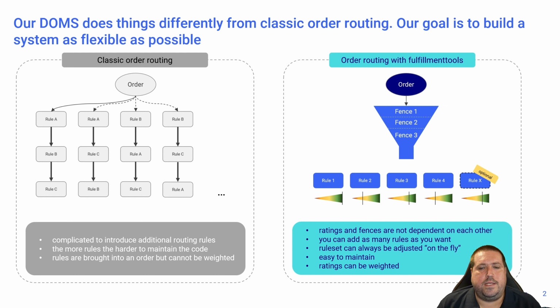First of all, the ratings and fences are not dependent on each other like in the older way, where this was a process. You can add as many rules as you want, either on the fence side or on the rating side, it doesn't matter. And also the rule set can always be adjusted on the fly. So it is easy to add a new rule while the system is running. The moment it gets activated, it is live for the next order coming into your system.